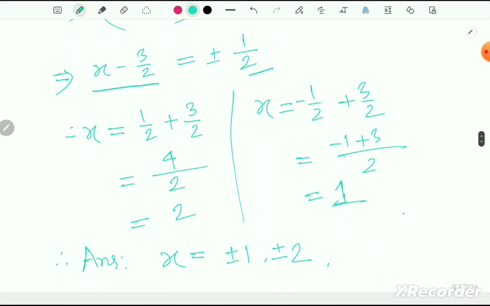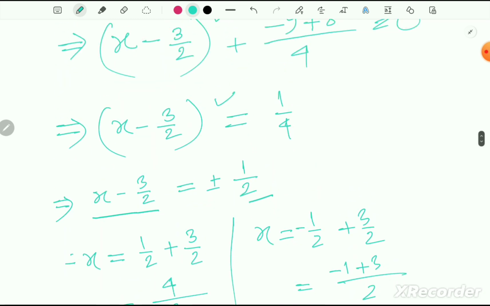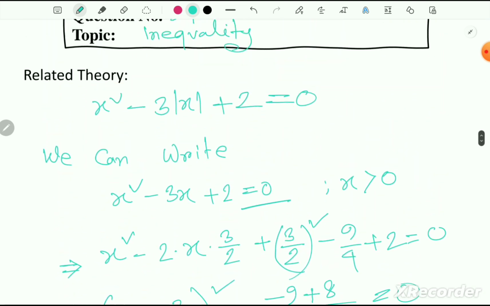And then we found x equal to 2 and 1, so we can simply write plus minus 1 and plus minus 2. Except these 4 values, this equation is not satisfied. Okay, so this calculation you don't need.